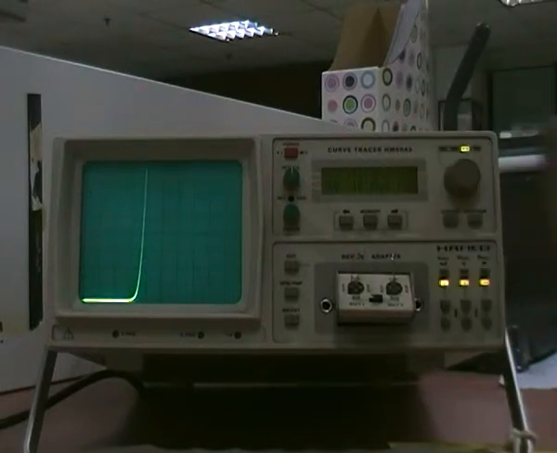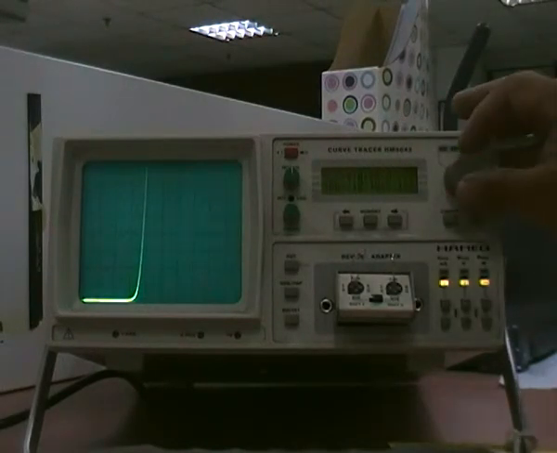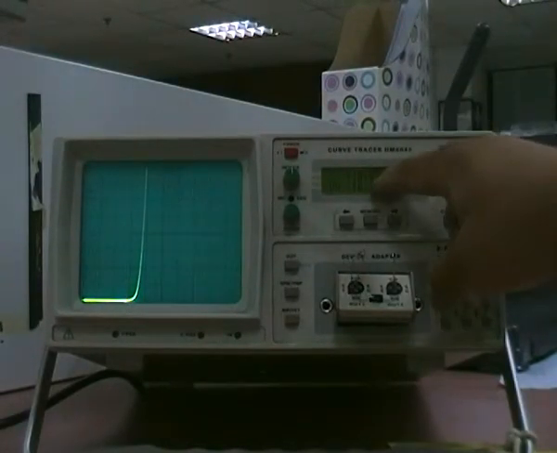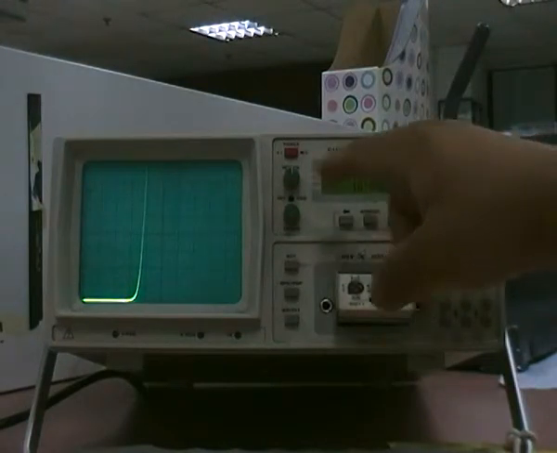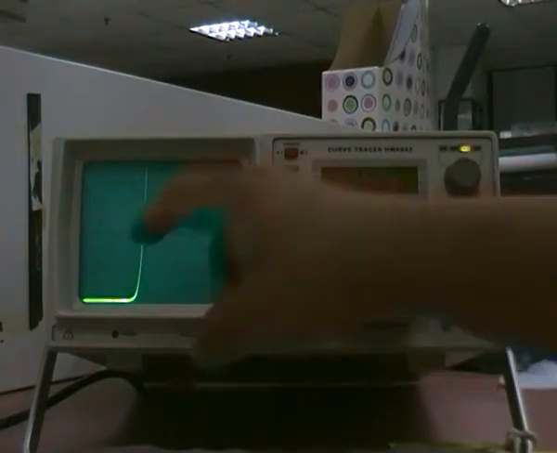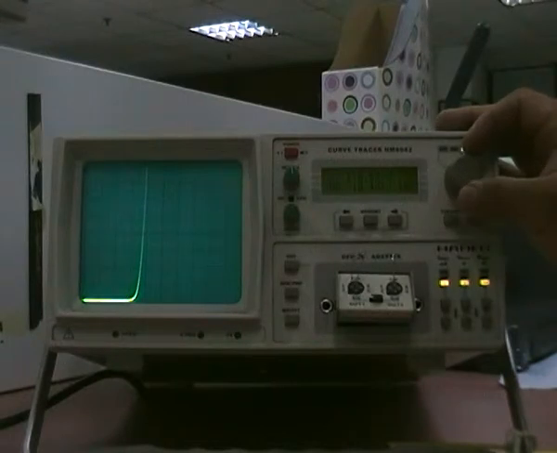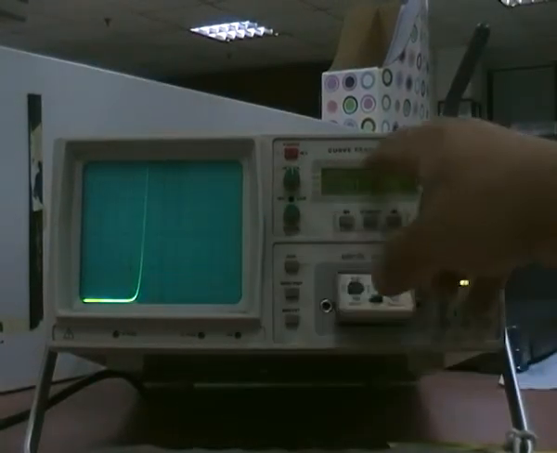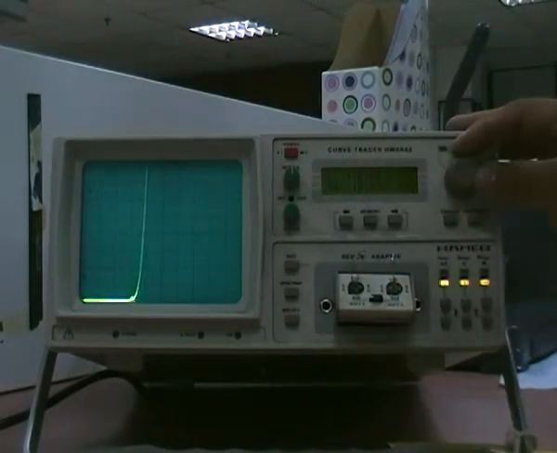This is the V across the diode. This will tell me the knee voltage of the diode. We can see here, this is 0.53 volt. The diode is still off. If I increase this slowly, the diode is about to turn on, 0.63 volt.